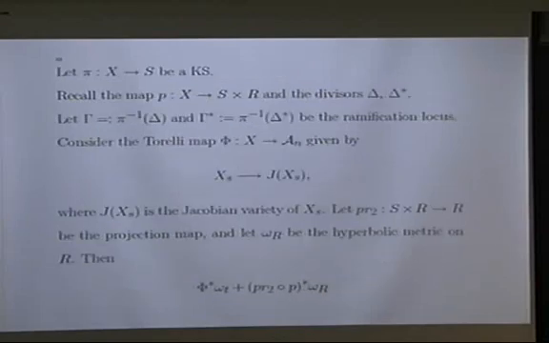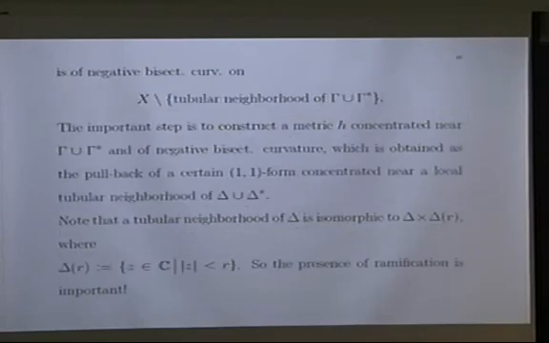So here the fiber direction is taken care of by the Poincaré metric on R, or the hyperbolic metric on R. You sort of again put it back. So all in all, you will get a negative holomorphic bisectional curvature away from the tubular neighborhood of the ramifications.